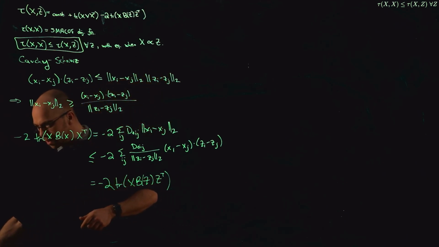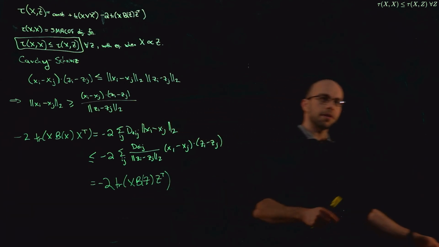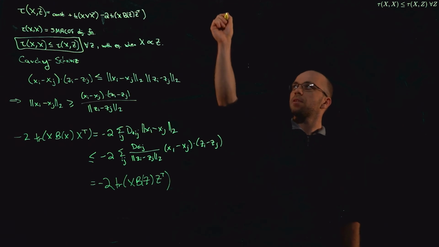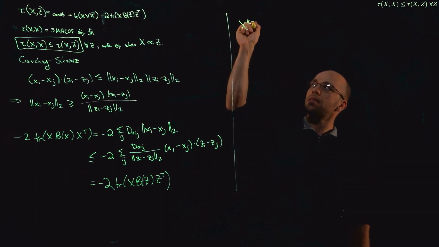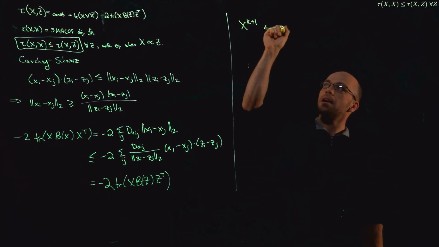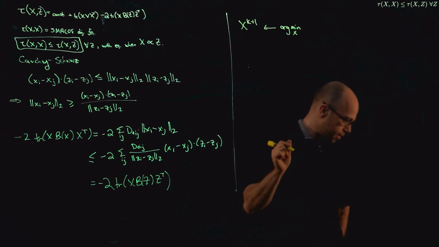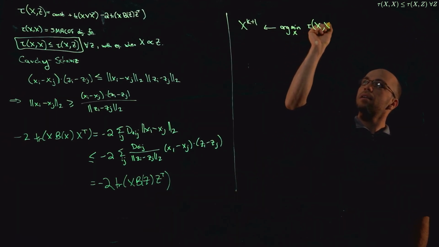So essentially, what we're going to do is define an algorithm which is really straightforward. Our algorithm here is going to do the following, which is we're going to take xk plus 1 to be the argmin over x of tau of x comma xk.